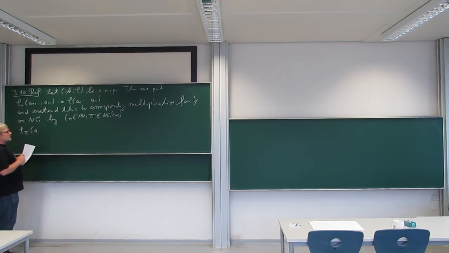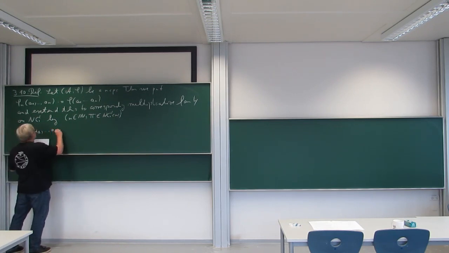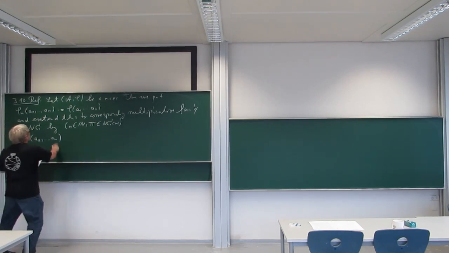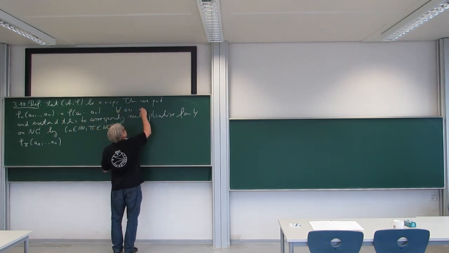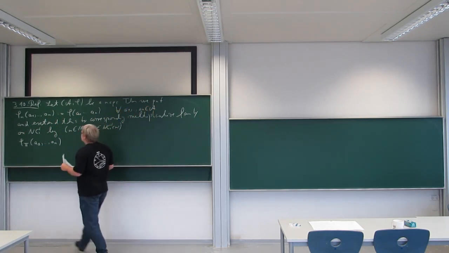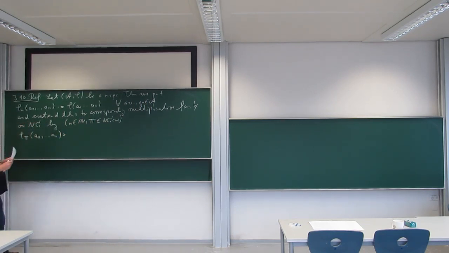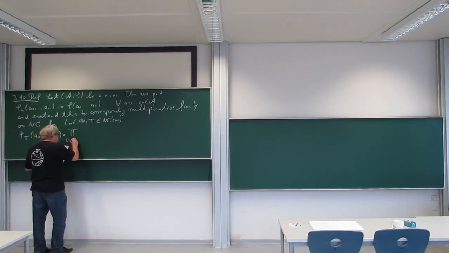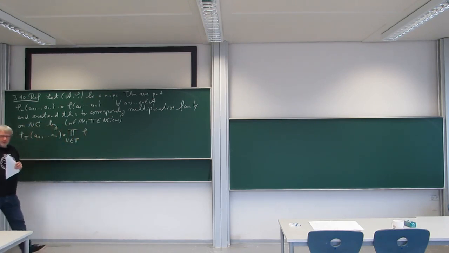So pi is a non-crossing partition, an element of NC(n). So pi should have n arguments. Okay, so the a's are just elements from A. Of course here, all these a1 to an are elements from our algebra. And here the same. So those are elements from the algebra, and this is phi. This is the product of the corresponding phi n's. The product is running over the blocks of pi, and for each block of pi, we take the corresponding moment of the elements which are connected by this block.